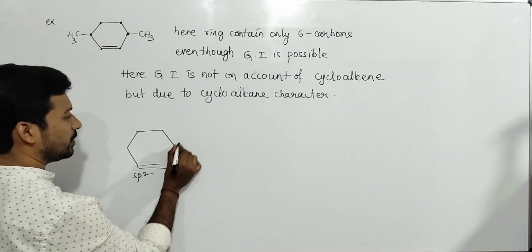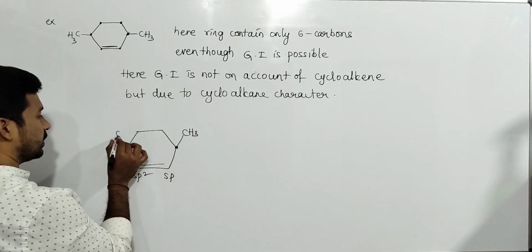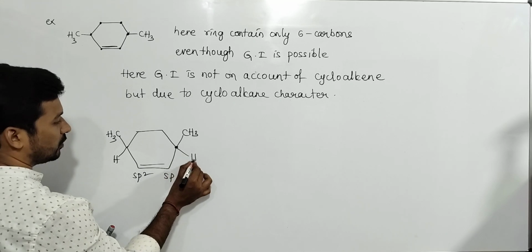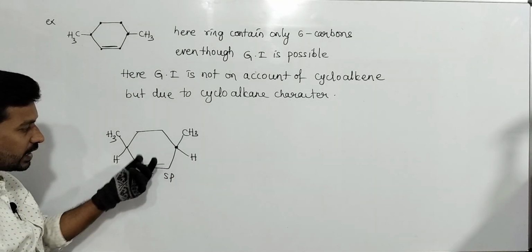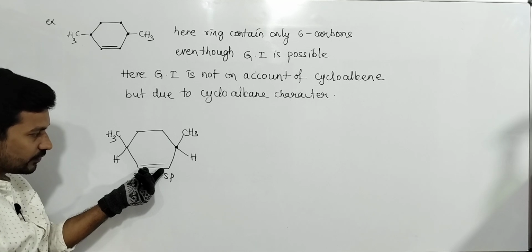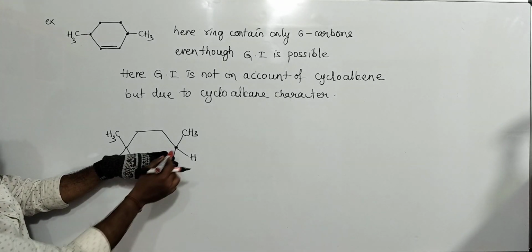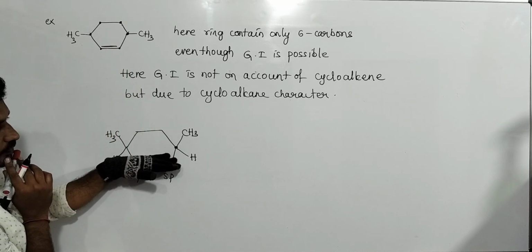Not planar means one of the methyls may be out of the plane like this. Above, hydrogens are below. Are cis and trans possible or not? Yes, possible. Forget about this. So is this a cycloalkane or not? Yes, cycloalkane. On account of the cycloalkane character, this molecule shows geometrical isomerism.